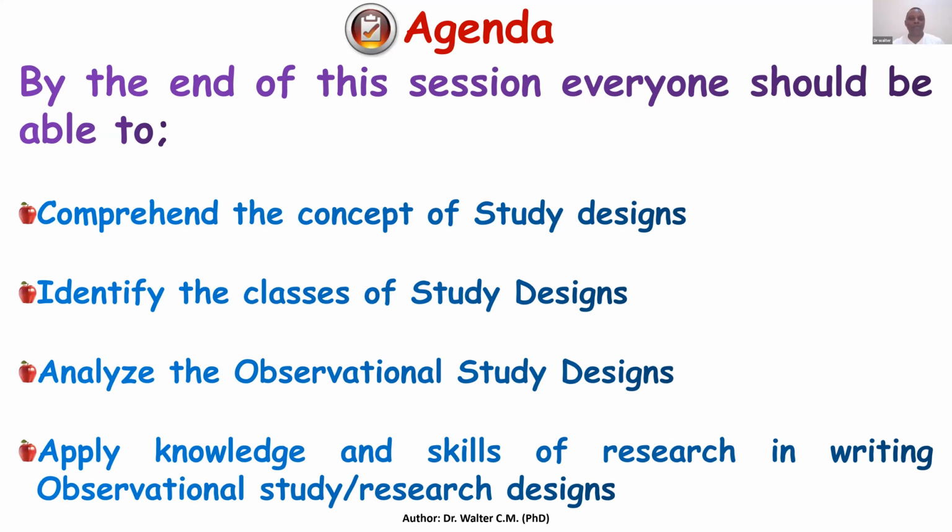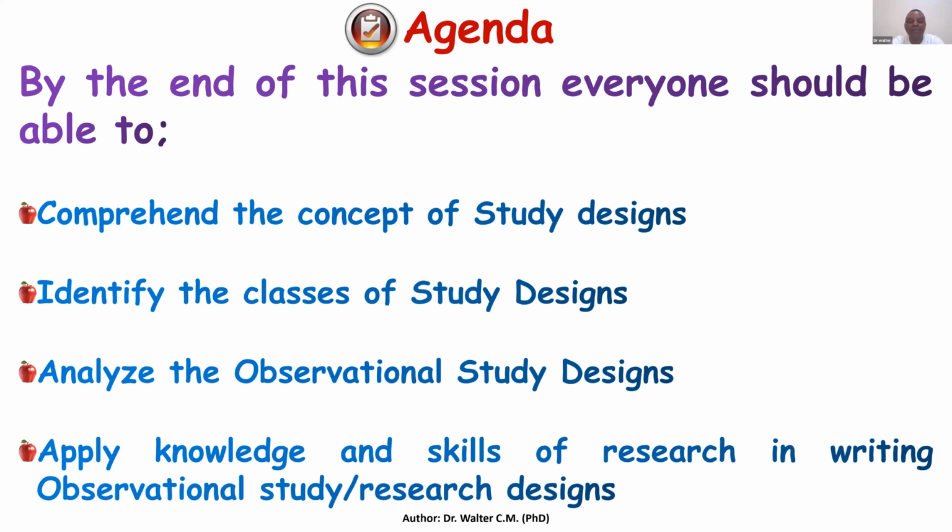At least we should have a common understanding of what we mean when we say study design or research designs, and identify at least the classes, categories or types of study designs. And then we will go specifically to the observational study designs, and analyze it to see what is in the package of observational studies.